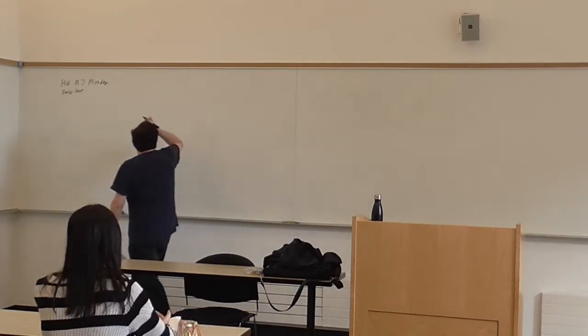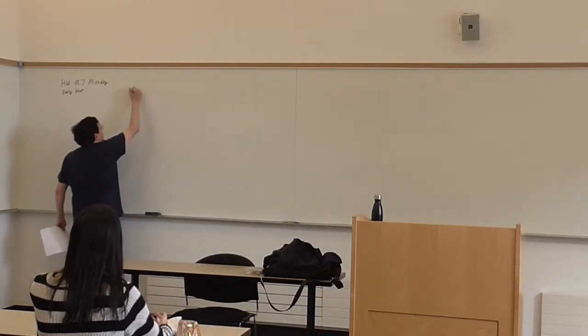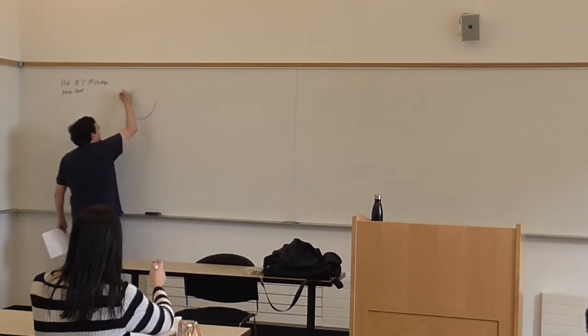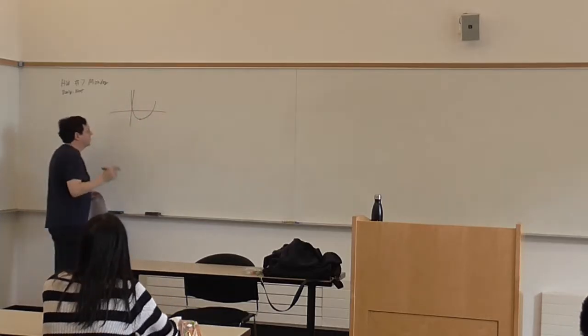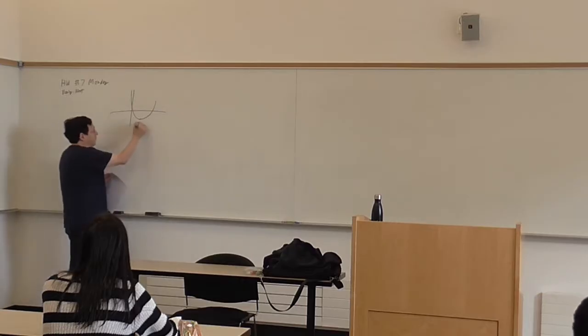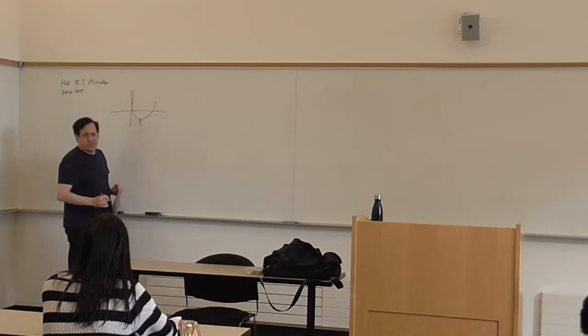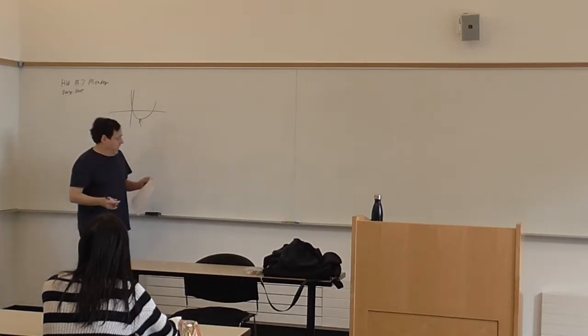So, Wednesday we were talking about this idea that you have a parabola you want to graph, and you want to find out where the vertex is. That's the first thing.